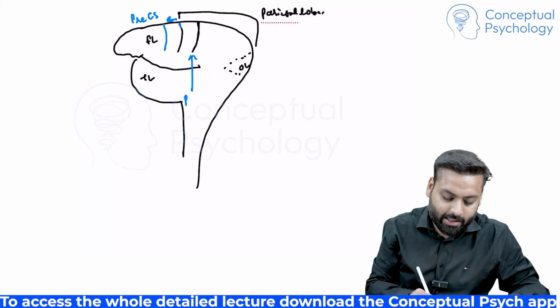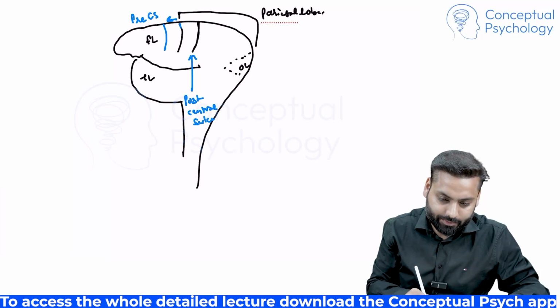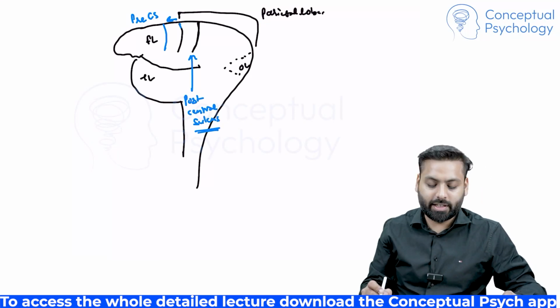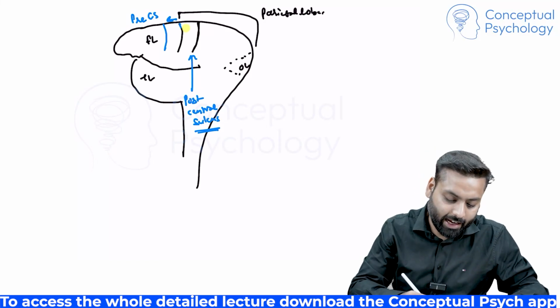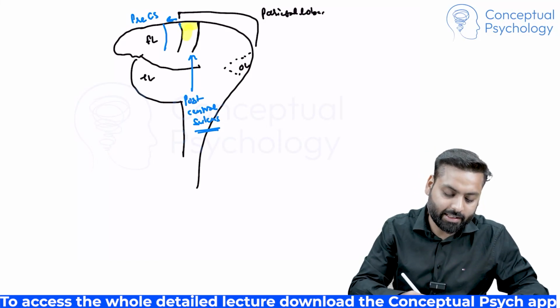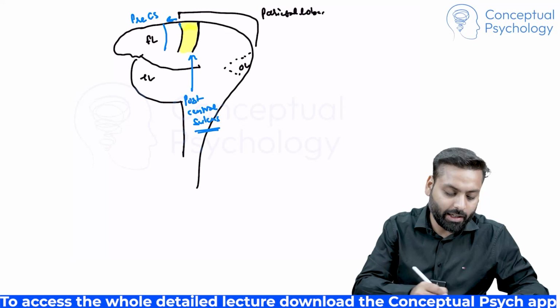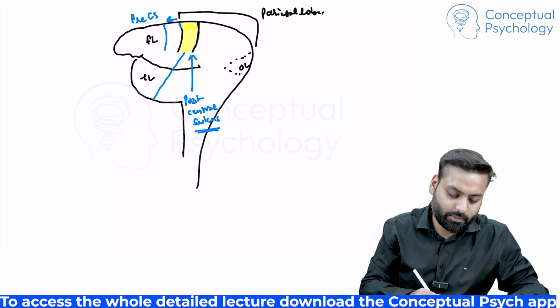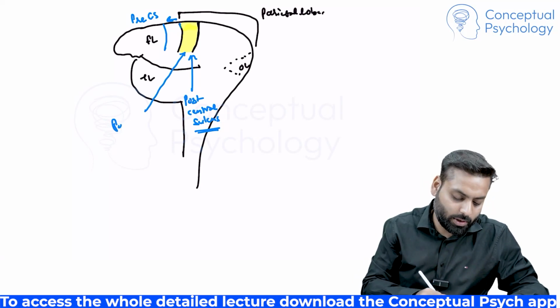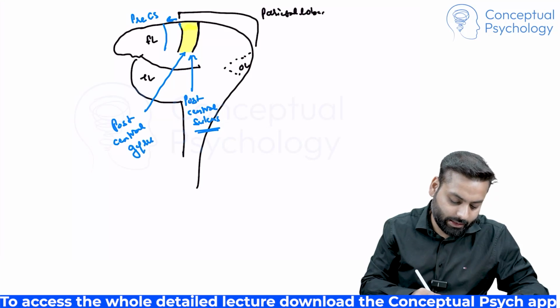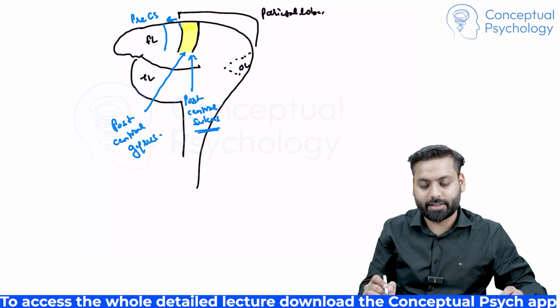Yes, this is the post-central sulcus. And the area between the central sulcus and the post-central sulcus will be the post-central gyrus.